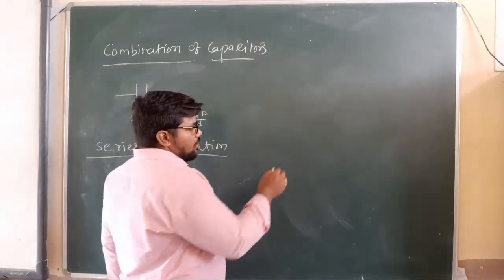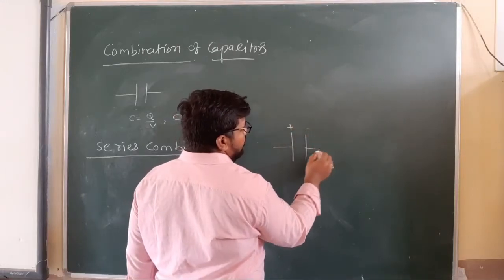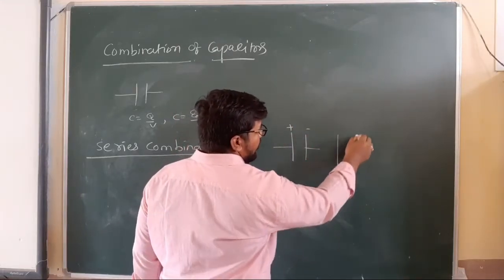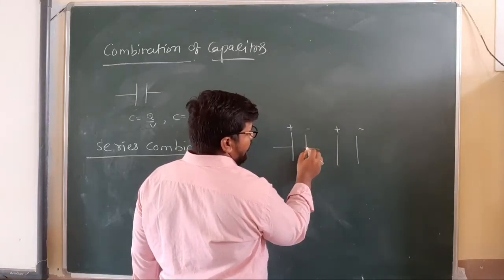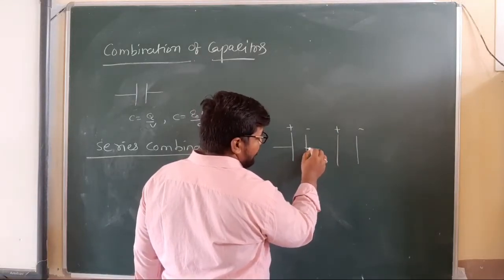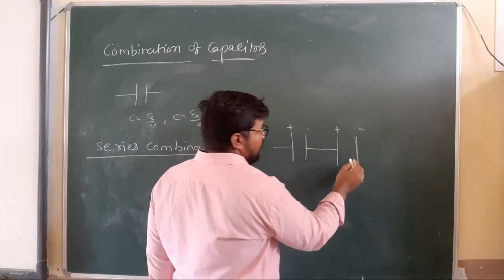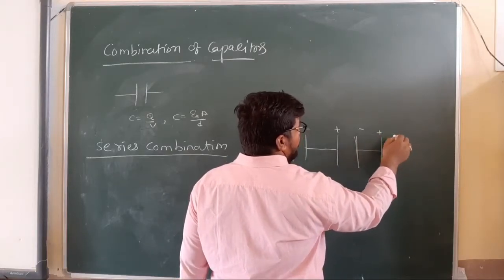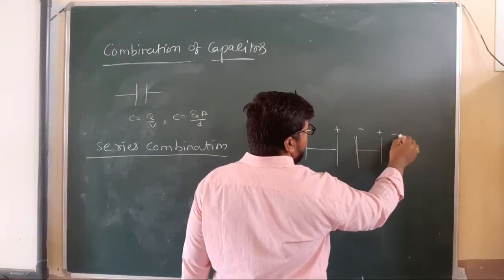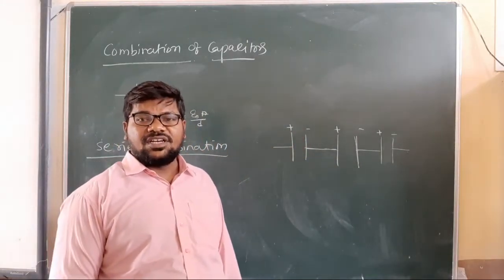See here, this is a capacitor with positive and negative terminals, and one more capacitor we need to join. The negative terminal of the first is connected with the positive terminal of the second, and the negative terminal of the second with the positive terminal of the third. This connection we call series combination.